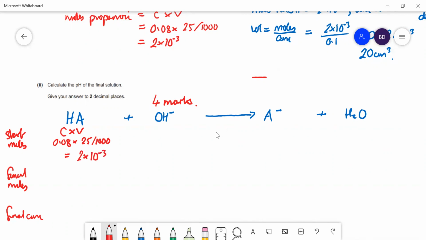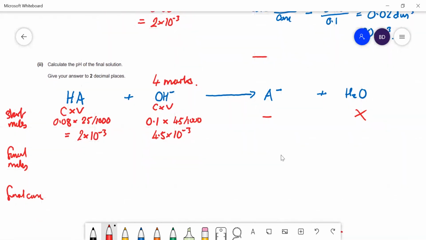The start moles of OH minus is concentration times volume. The concentration was 0.1, and the volume is 45 centimeters cubed, which is 45 over 1,000. That's equal to 4.5 times 10 to the minus 3 moles. We haven't got any A minus, and we don't care about the water, we just ignore that. Right, final moles. Now the OH minus is in excess. We've got a lot more OH minus than H plus.